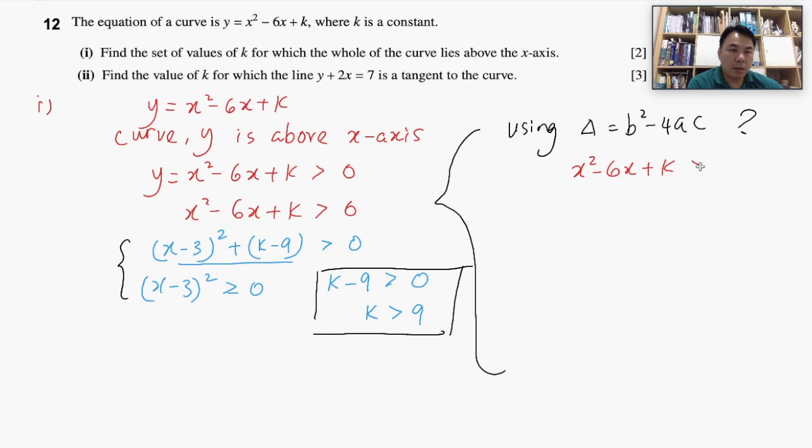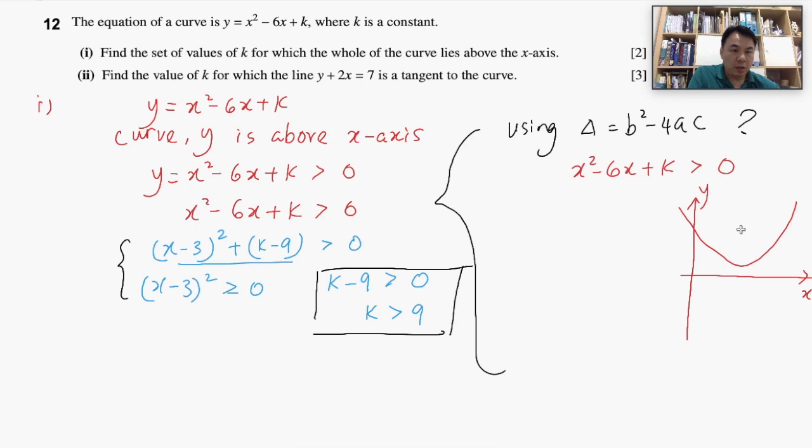Let's try to understand it more in this case before we even apply b squared minus 4ac. Now they are saying that this graph is above the x-axis. You can mentally understand this, assuming there's a graph x squared minus 6x plus k. Now how are we going to ensure that this graph is actually above?